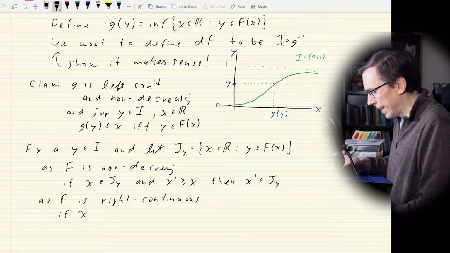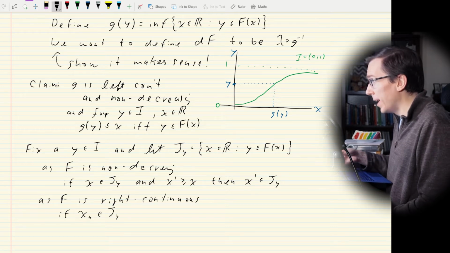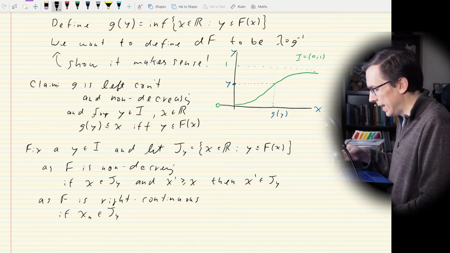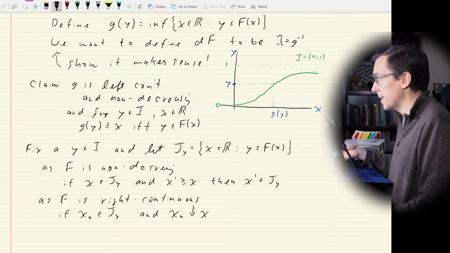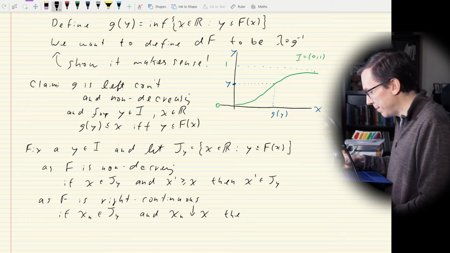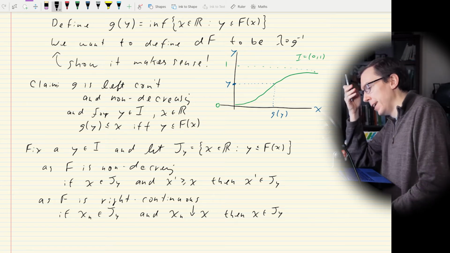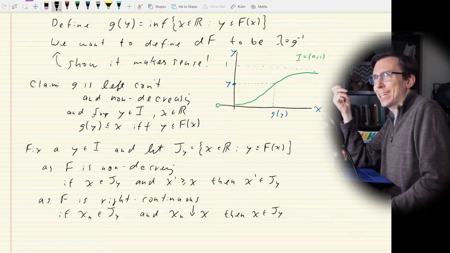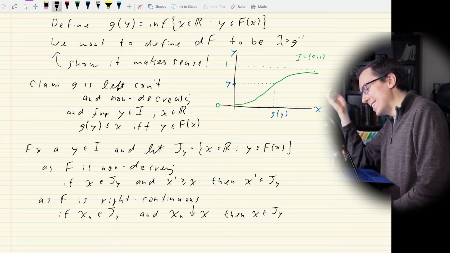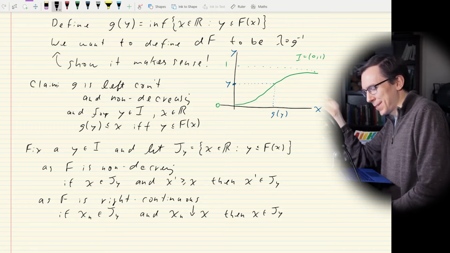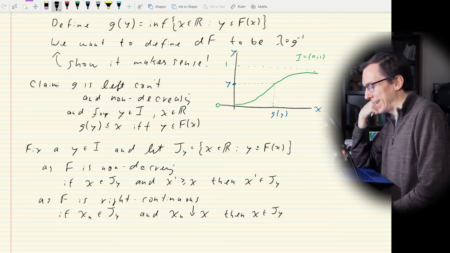If x_n is in J_y and x_n is a decreasing sequence which decreases to some point x, then that means that x is also in J_y. Again, right continuous would mean that we're closed on the left side, because f is right continuous, which is kind of annoying, but that's just what's happening here.